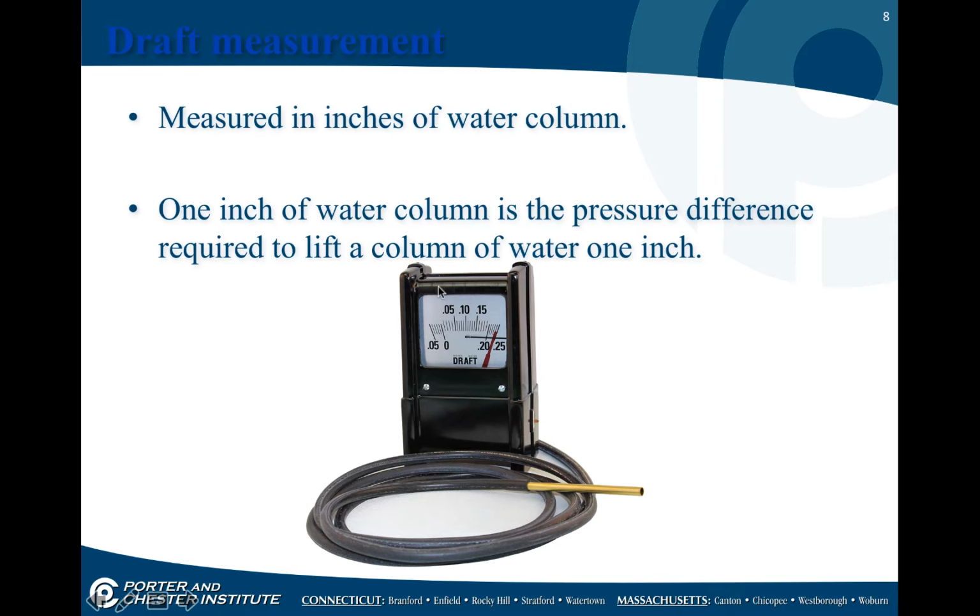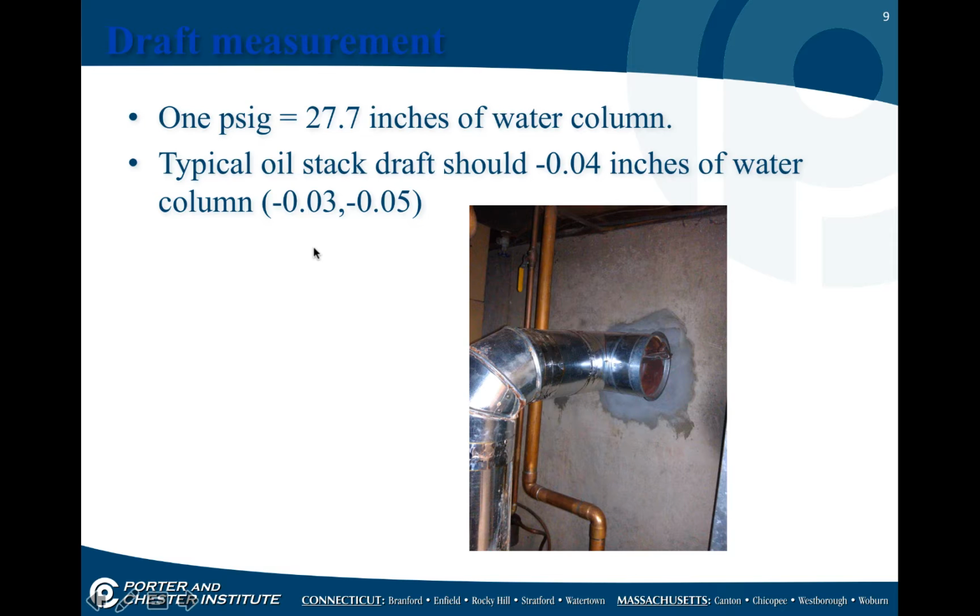Draft is measured in inches of water column. 1 inch water column is the pressure difference required to lift a column of water 1 inch. This is an example of a draft gauge that is used most frequently in the oil industry. Now, to the left is not negative. To the left is positive, and then you go to a negative draft. 1 psi is 27.7 inches of water column.